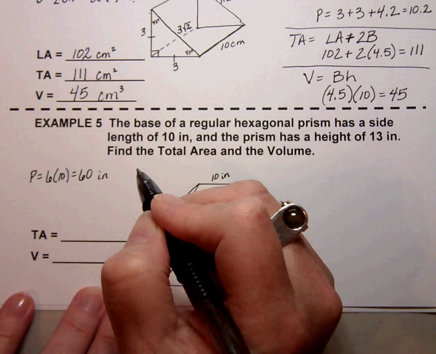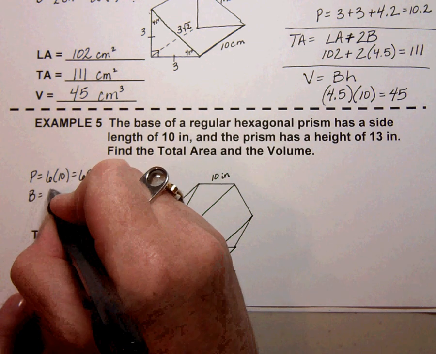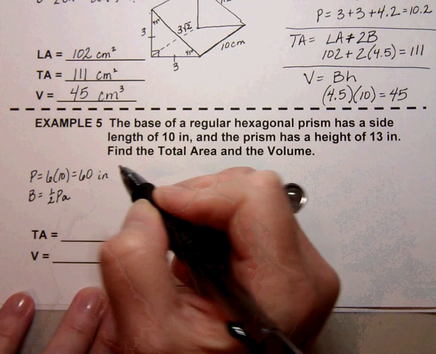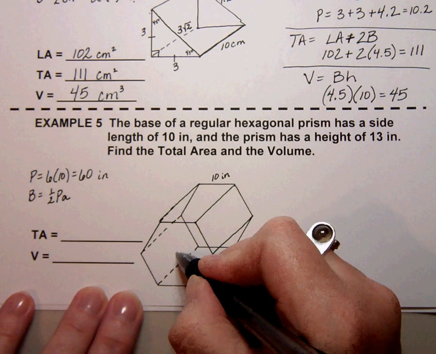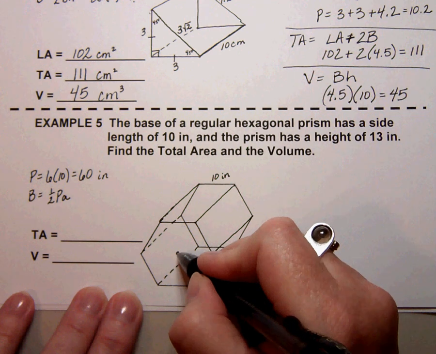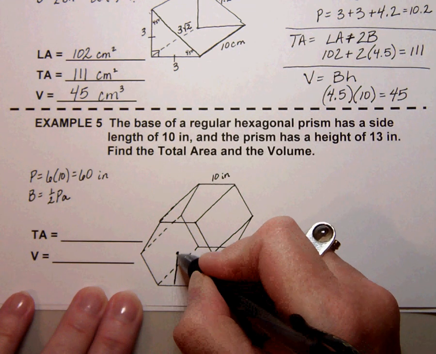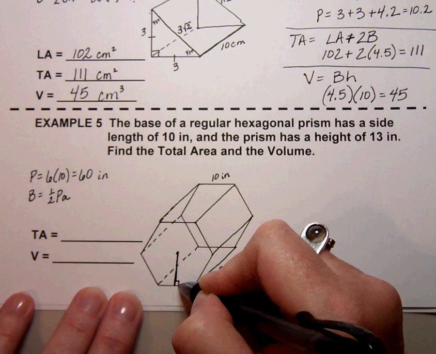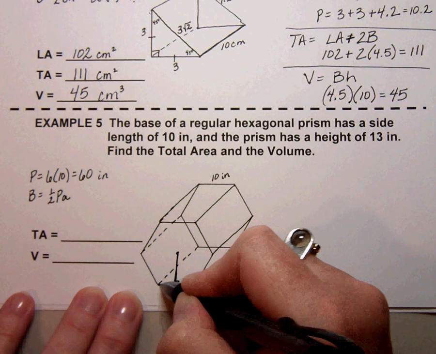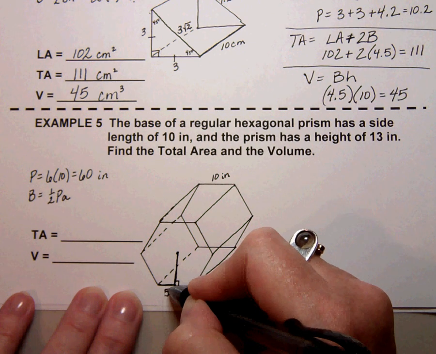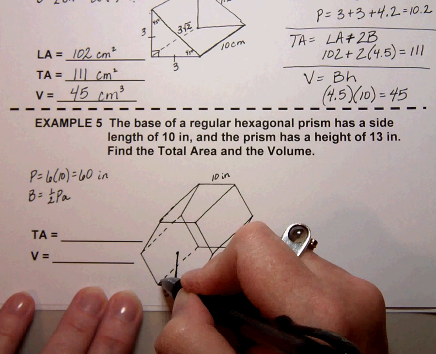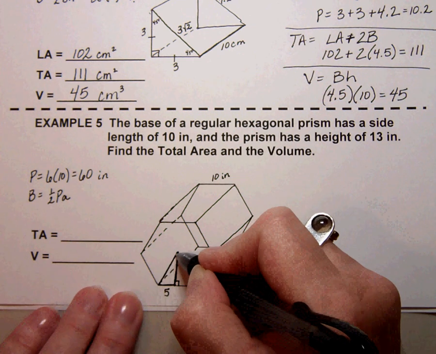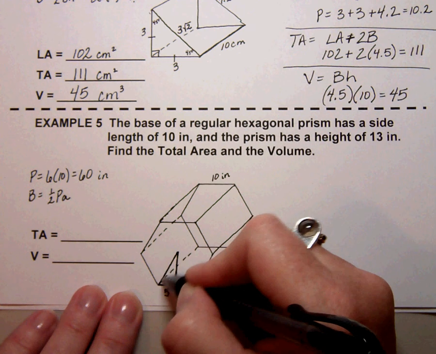That's 60 inches. The base area of this one is going to be another regular polygon, so it's 1/2 perimeter times the apothem. Okay, let's talk about the apothem if it's been a while since you've done that. This is the apothem. I'm drawing it from the center to the midpoint of the side. Now the midpoint of the side at a perpendicular makes this piece right here a 5. And then this is called the radius. We don't really need that one, but that would be 10 if we labeled it.